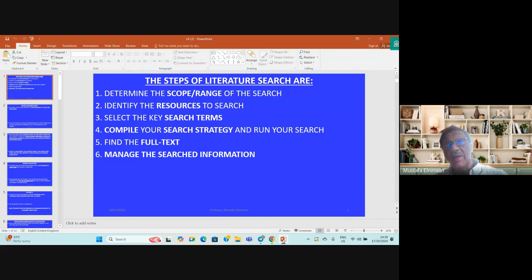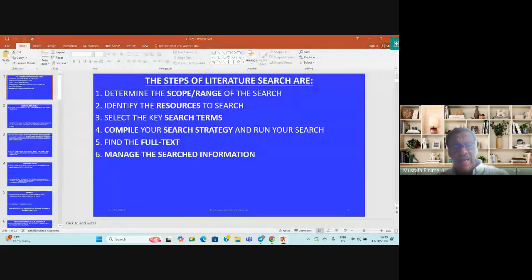And then it's important to find the full text rather than use the abstracts. It's important for the investigator to go over the full text so that he or she could really understand how the study was conducted, which design was used, what the lessons learned were, and what important issues have been included or discussed in the article.